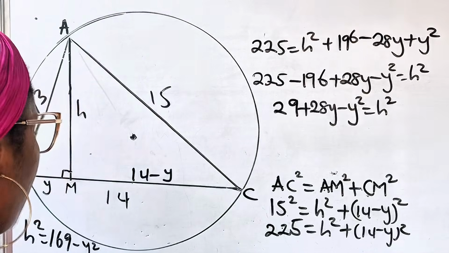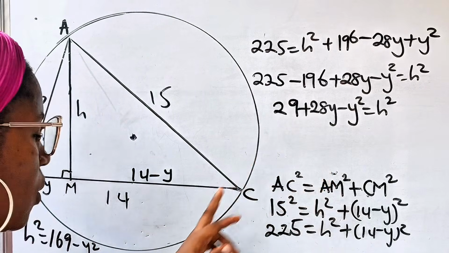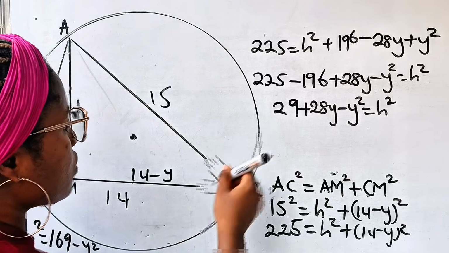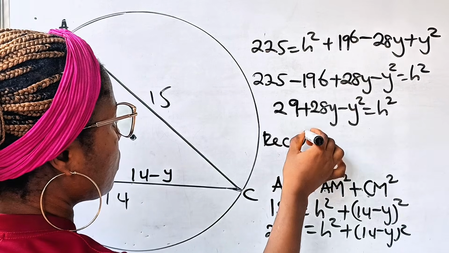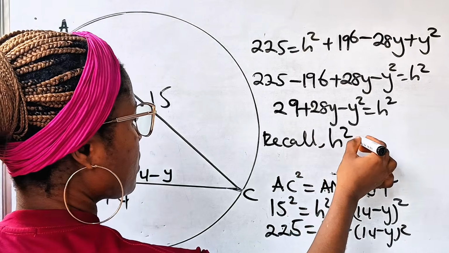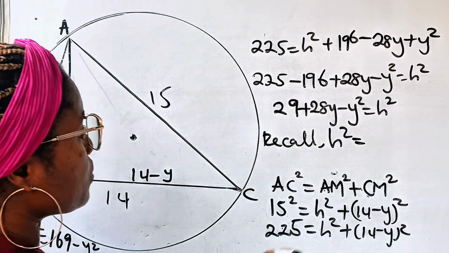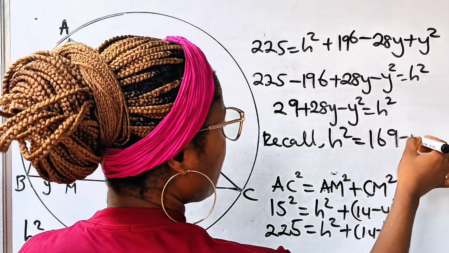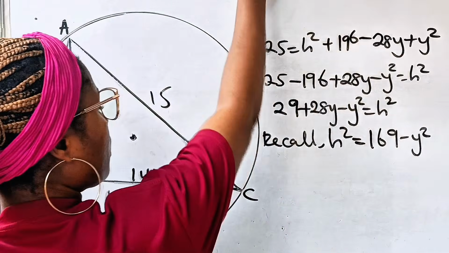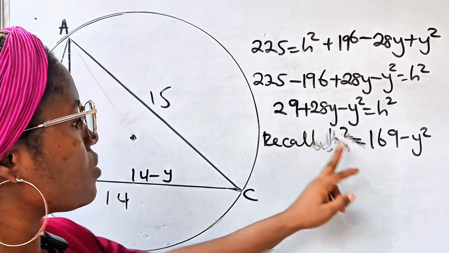So now we have this equation and we also have this equation, and both of them are in terms of H squared. So I would say recall from here that H squared is also equal to 169 minus Y squared. That means that we can equate this to be equal to this.